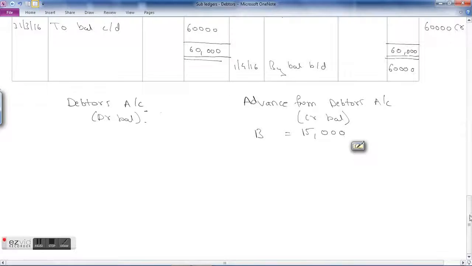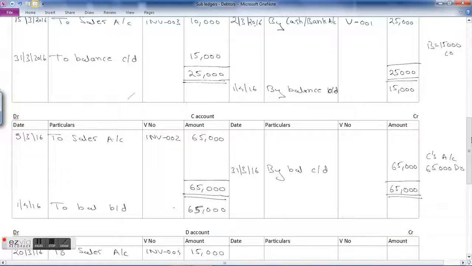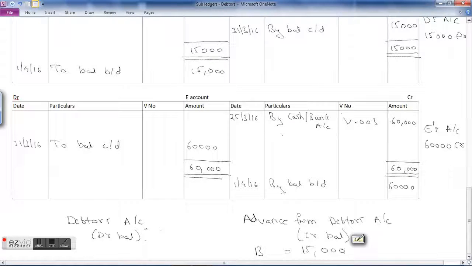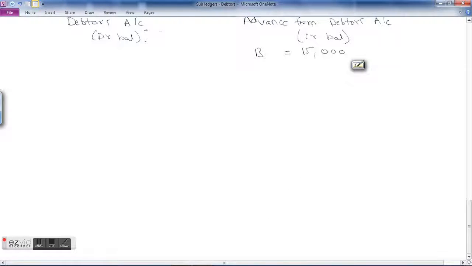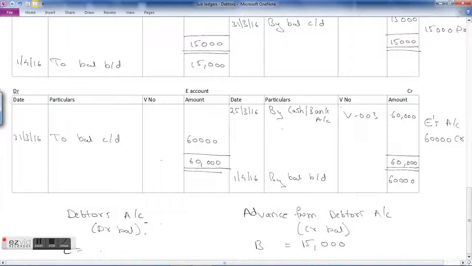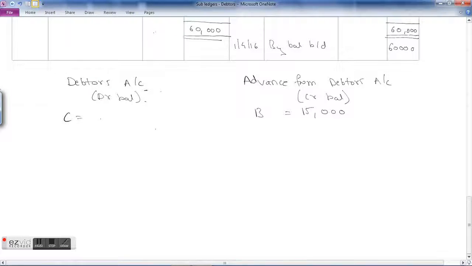Then let's see, C's account is showing a debit balance of 65,000. So 65,000.